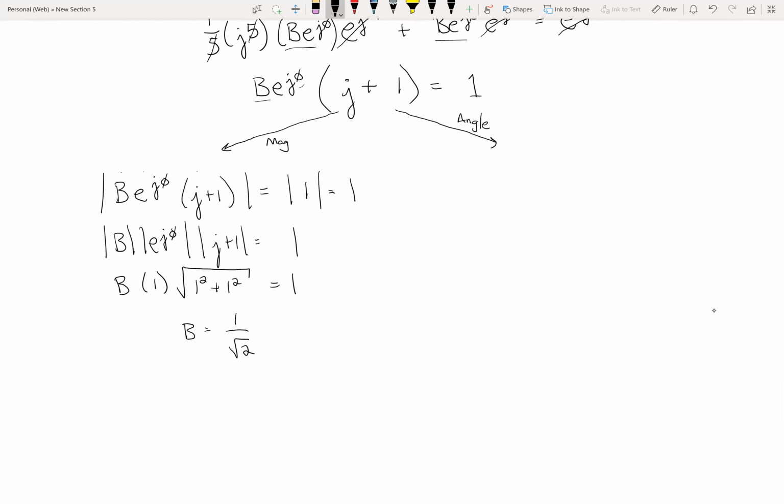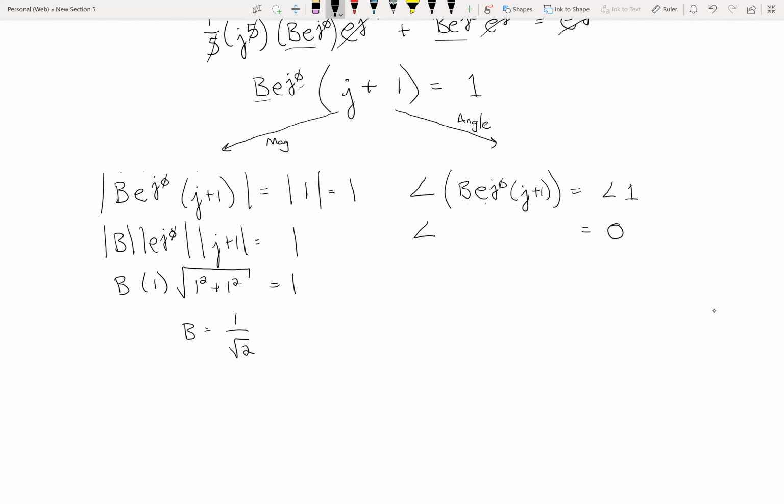So what we do is we take the angle of both sides. The angle of b e to the j phi times j plus 1 equals the angle of the number 1. Again, the angle of the number 1 is obvious, it's 0. We know from complex numbers that if I take the angle of a product, with 3 complex numbers multiplied, the angle of a product is equal to the sum of the angles.